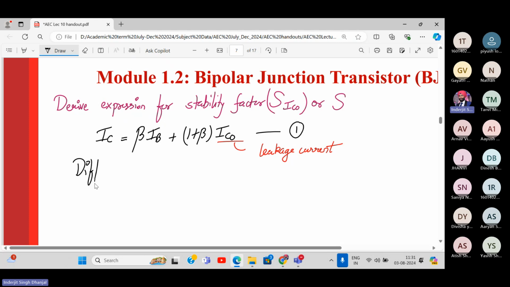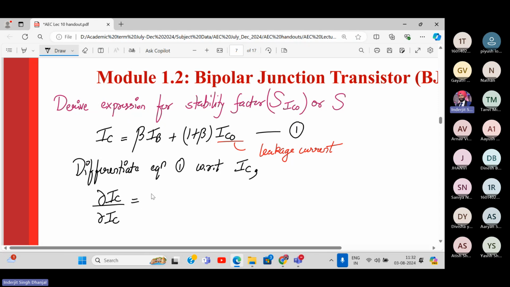Now what we do is we'll differentiate this expression number one with respect to IC. So differentiate equation one with respect to collector current IC. First will be delta IC divided by delta IC.